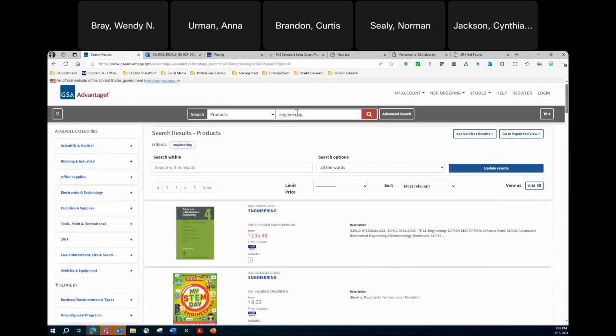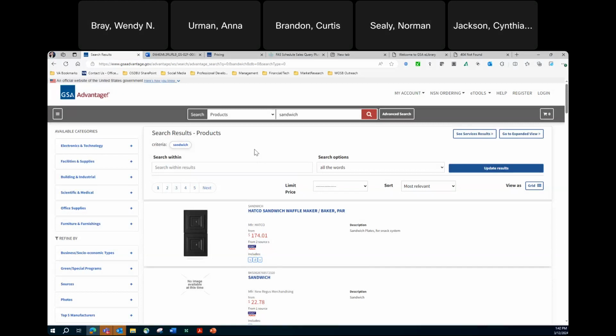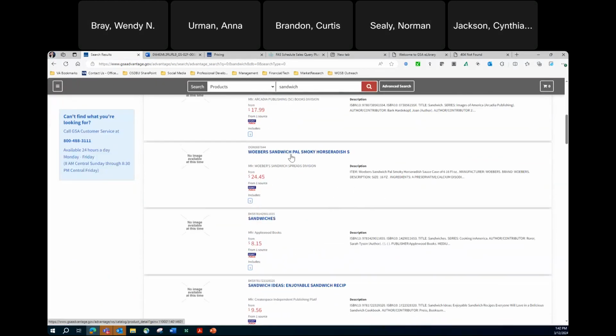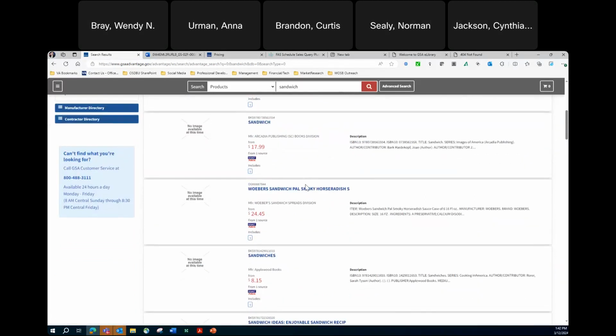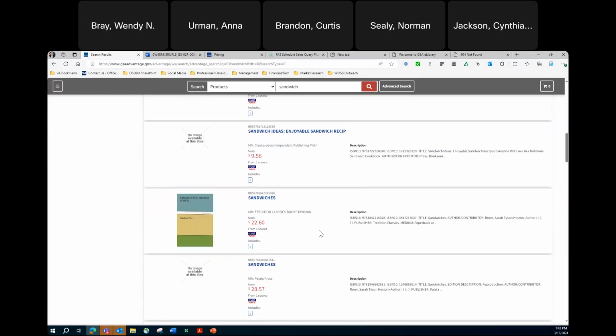So if I were to search for, let's say, sandwich, because I haven't had lunch yet, you will see sandwich makers. You will see, I don't know, something about a smoky horseradish sandwich cases. So that gives you an idea.